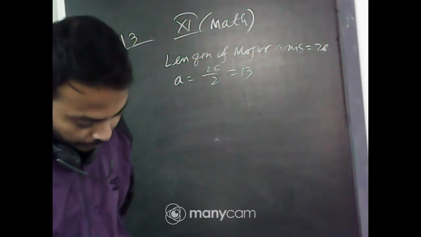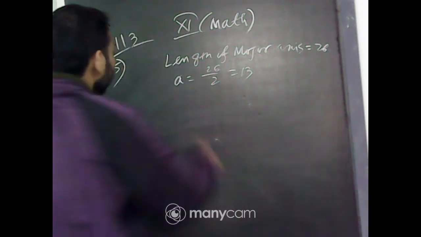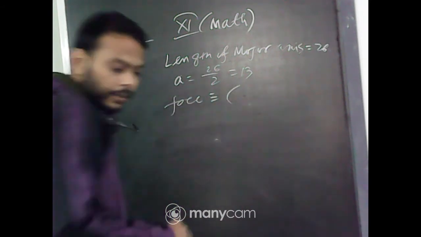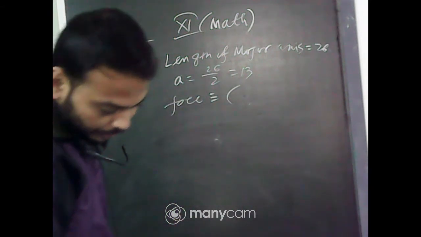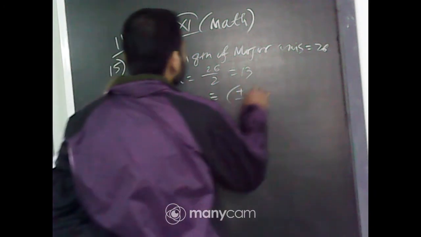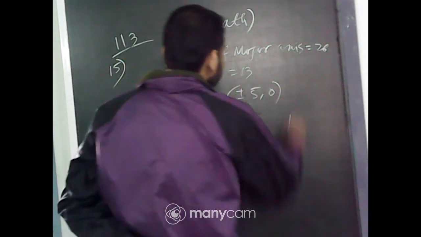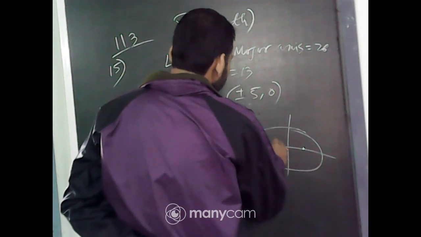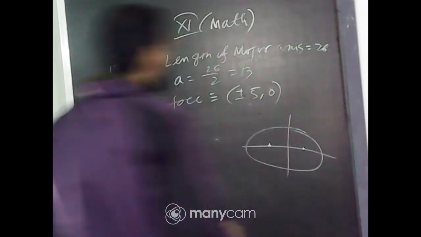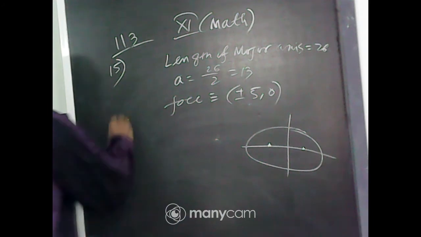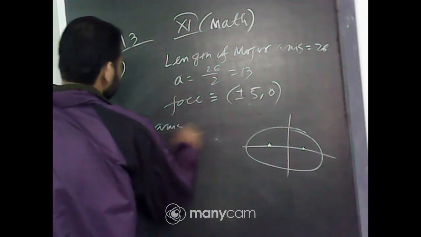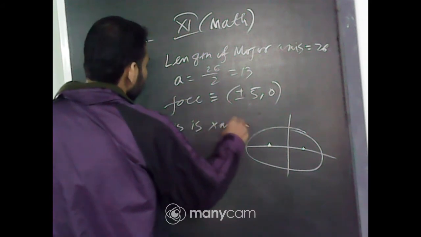And the foci that are given are plus minus 5 comma 0. So it will be of this type: 5 comma 0, minus 5 comma 0. So the major axis will be the x-axis.